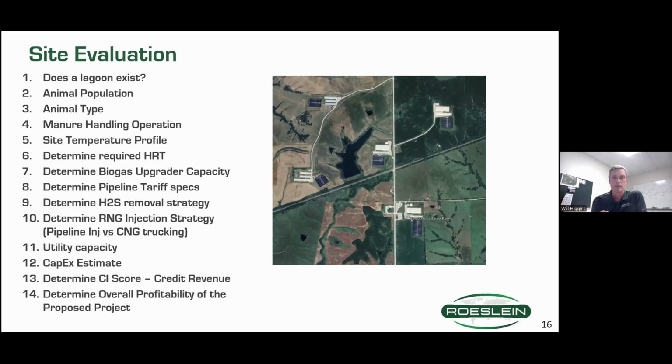And then we would do the GREET model to figure out what our CI score is, and understand what programs we would want to be part of. And I've got a slide next for that. And then determine the overall profitability of the project. What's the payback? Is it a 2-year payback or a 7-year payback? And just lay that out for us and the farm operator, or whoever is investing.